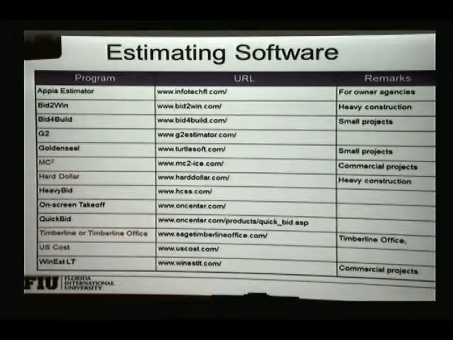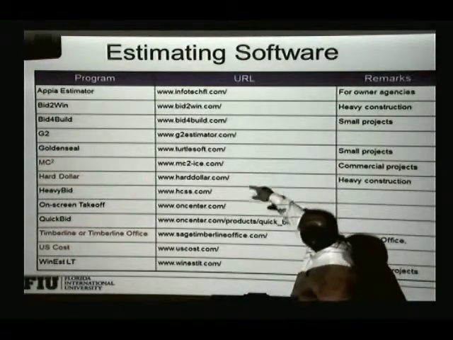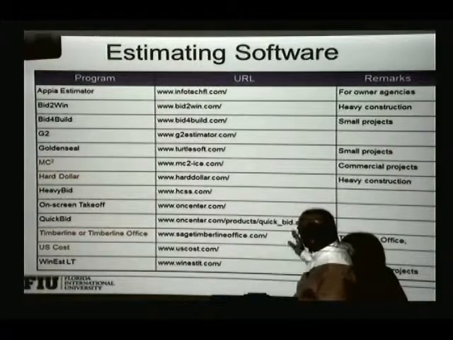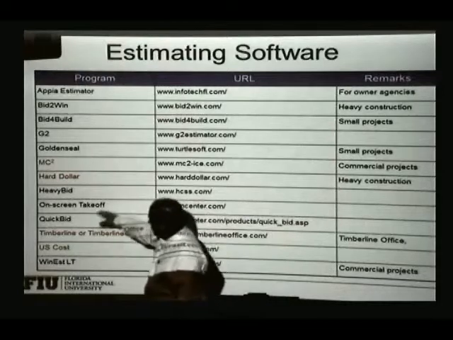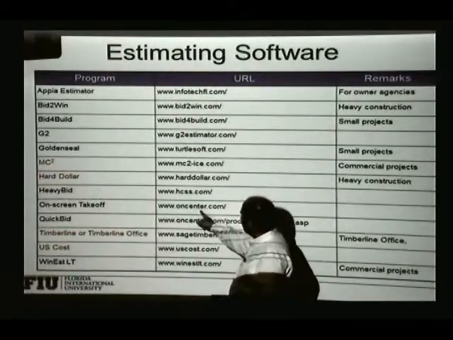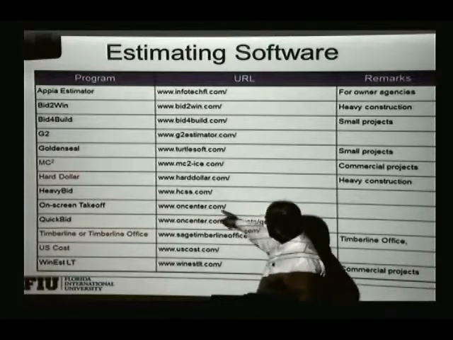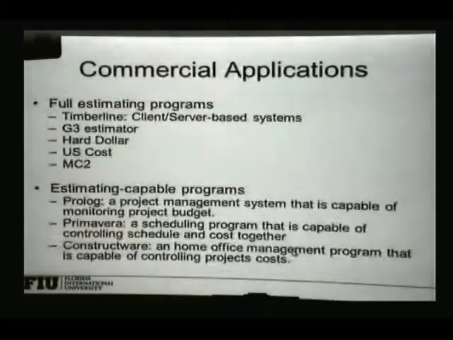I'm sure this has changed over the years, but it shows you different software that people use in the industry. We're going to use this one, On-Screen Takeoff and QuickBase. These two are made by the same company. It's called OnCenter. So if you visit the OnCenter website, you will see a lot of information for that software.